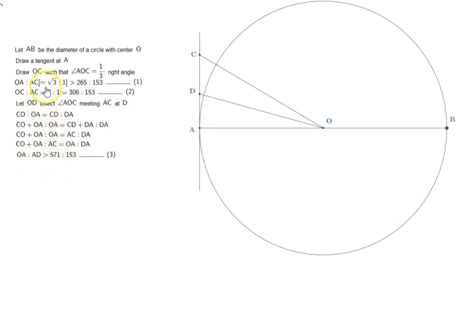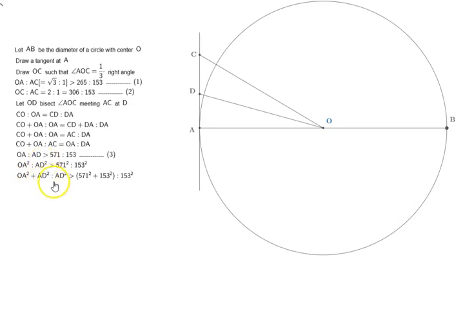But now it doesn't remain equal. Why? Because here OA is to AC is greater than 265 is to 153. So the equality becomes inequality. OA is to AD is greater than 571 is to 153. Let's square all the terms, numerators and denominators, and do componendo.